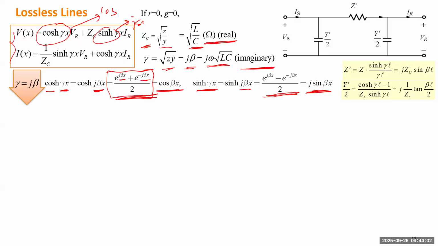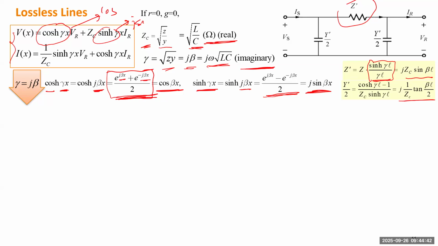So you can also simplify that factor. Originally, that's a sinh function of gamma L divided by gamma L. But right now, it basically becomes ZC times sine beta L. And the second one will become this one. ZC is actually the equivalent impedance along the line.